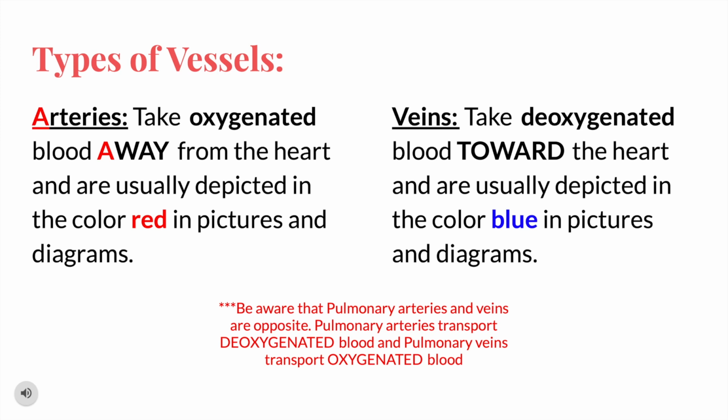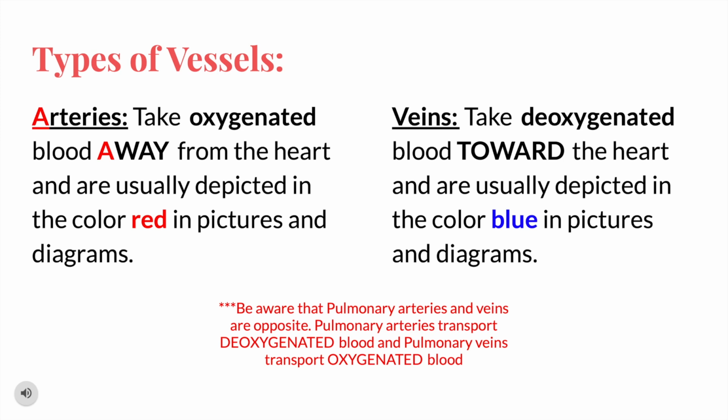And then they're usually depicted in the color red in diagrams and pictures, just so you know what you're looking at. And then veins usually take deoxygenated blood toward the heart, and they're usually depicted in the color blue in diagrams and pictures, and even in the cadavers that we have, sometimes they're dyed that color.